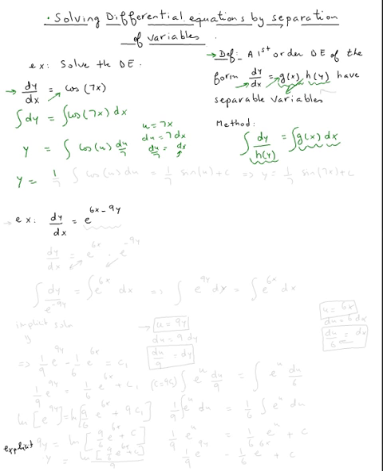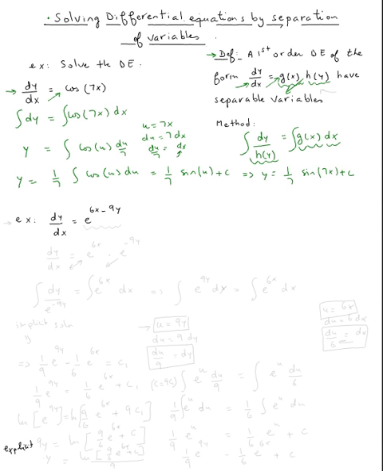So y is equal to the integral of cosine of u du over 7, which is 1 over 7 times the integral of cosine u du. Integral of cosine is sine, so sine of u plus some constant, which means y is equal to 1 over 7 sine of 7x plus c. So that was a pretty easy example.